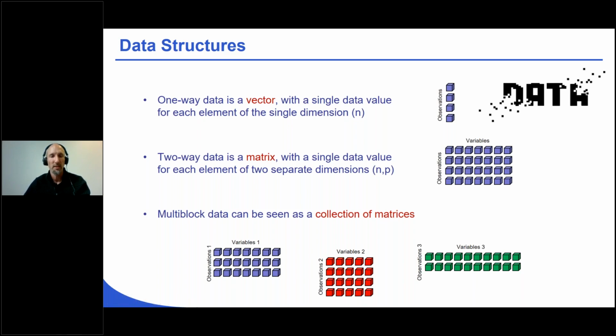And when you collect data from different data sources, you will end up with a collection of data matrices that can have different numbers of observations. These observations can be the same or not. We'll see that later on. And these observations can be described by variables that can be the same or different variables.